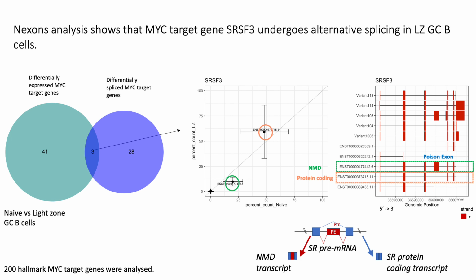So, literature research showed that these family members are post-transcriptionally regulated by alternative splicing coupled to nonsense-mediated decay, with the splicing in and out of this poison exon. So, for protein coding isoforms to be expressed, they splice out their poison exons, which carry this premature termination codon.